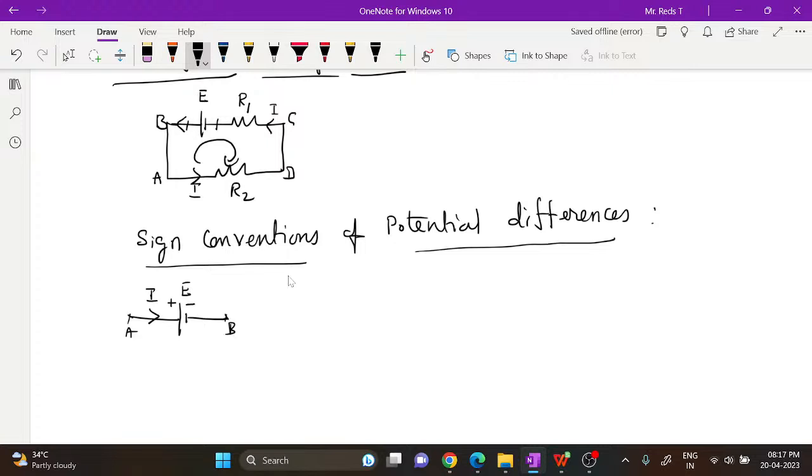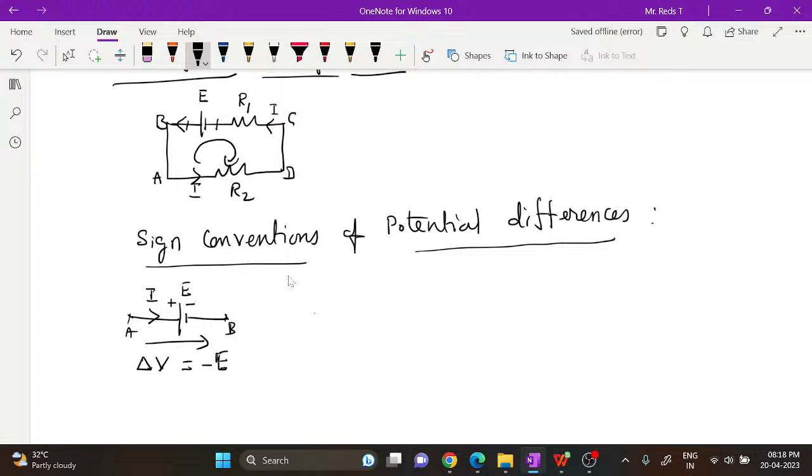If you are moving in the direction of current, the potential difference is represented as delta V. Here you are going from the positive terminal of the cell to the negative terminal.